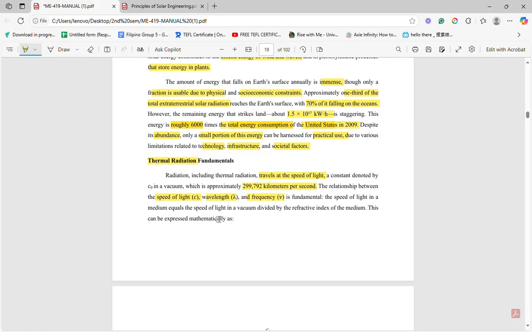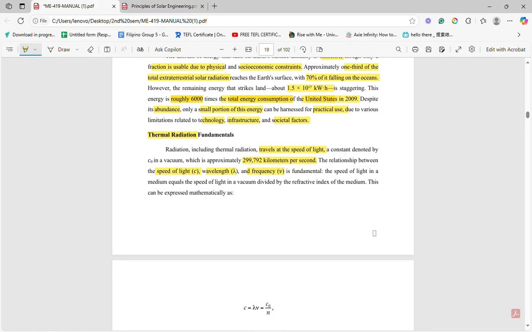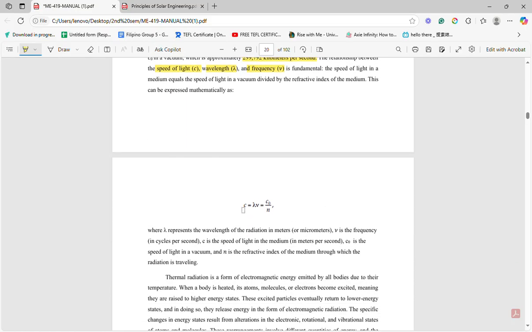And the speed of light in a medium equals the speed of light in a vacuum divided by the refractive index of the medium, which is this: c equals c sub zero over n, wherein this representation provides the wavelength, v represents the frequency, and c is the speed of light. So this is basically a measurement of our thermal radiation.